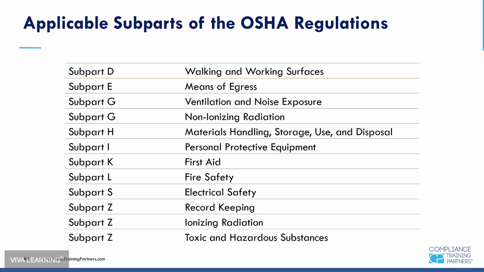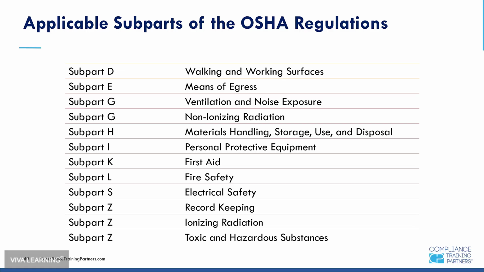Non-ionizing radiation. You might think, well, we don't have non-ionizing radiation in our dental office, but we do, in the form of curing lights, an electrosurge, a laser, all considered non-ionizing radiation. There's a subpart H on materials handling, of course, personal protective equipment, first aid, fire safety.